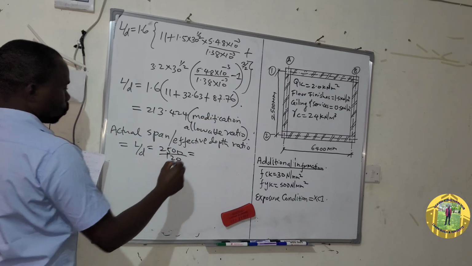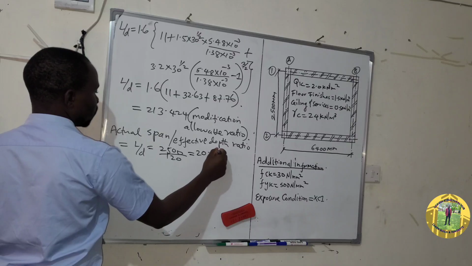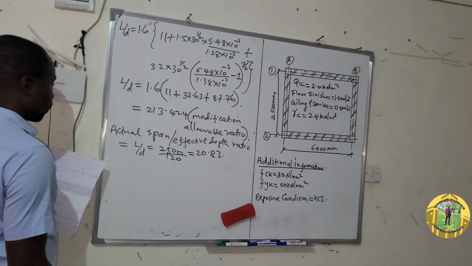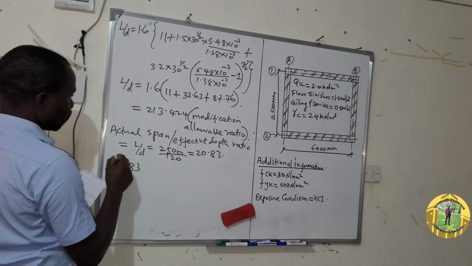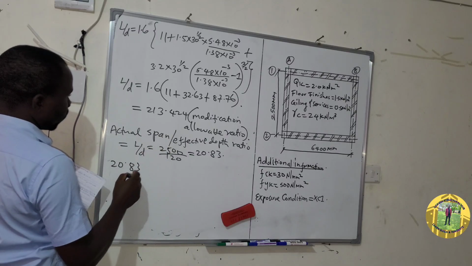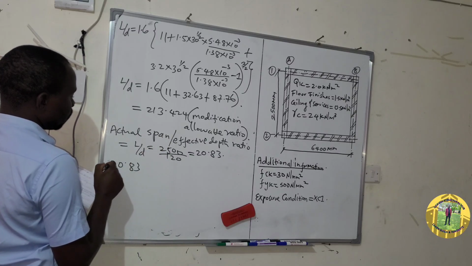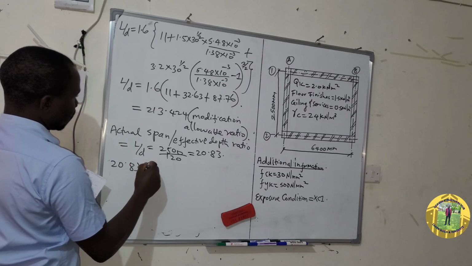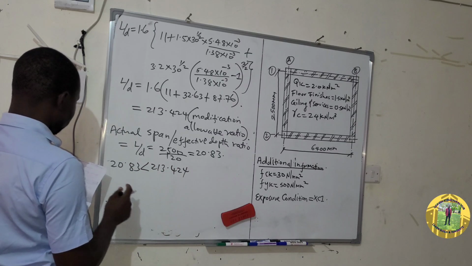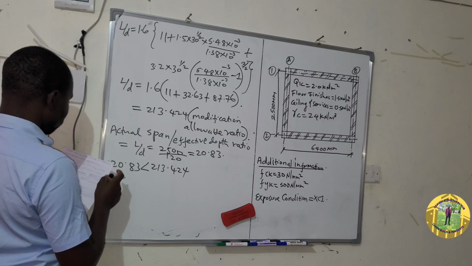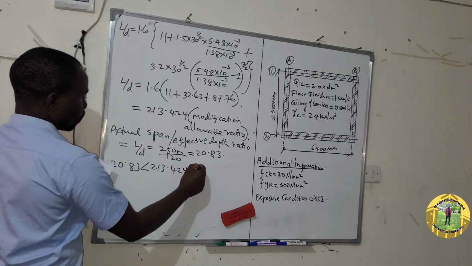So this one is equal to 20.83. By comparing 20.83 with this one, you can clearly see that 20.83 is less than 213.424, and therefore the slab is okay.